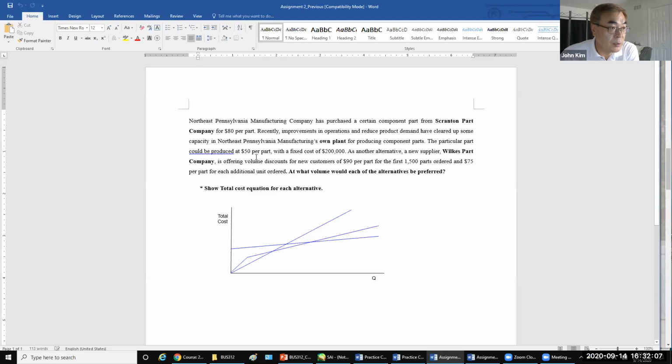The parts could be produced at $50 per part with a fixed cost of $200,000.